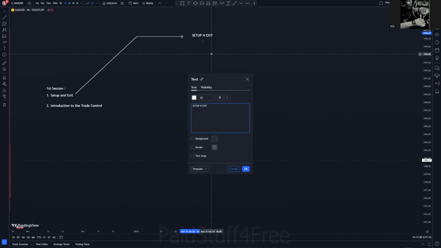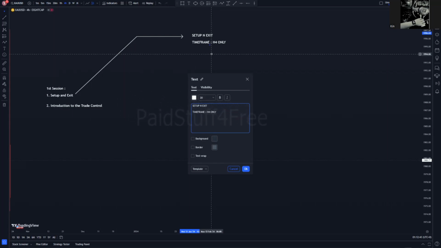So which time frame are we going to focus on in this topic? We are going to focus on H4 only. If you go to the 4 hours time frame, you can see a lot of zones for buy and a lot of zones for sell. Those zones we can use as our setup or our exit, depending on how we use it.